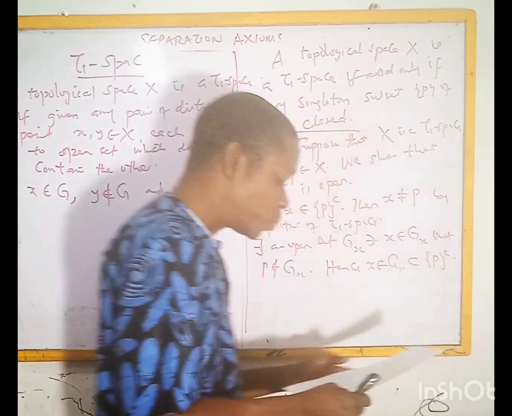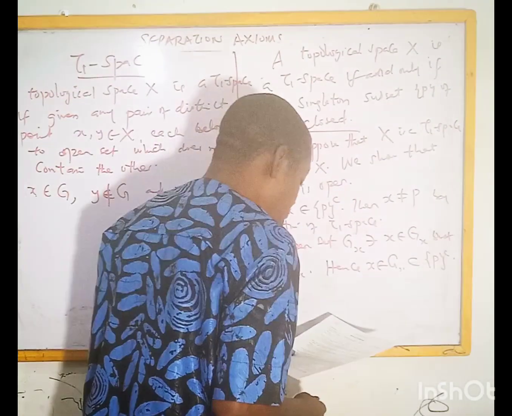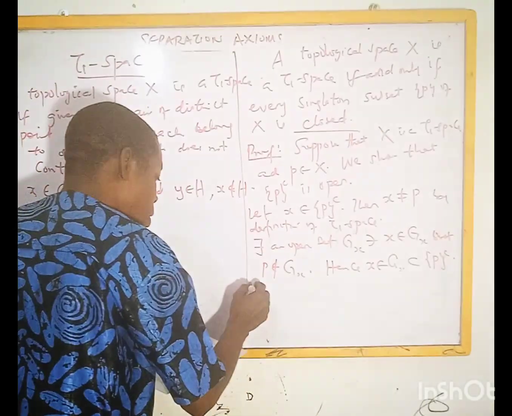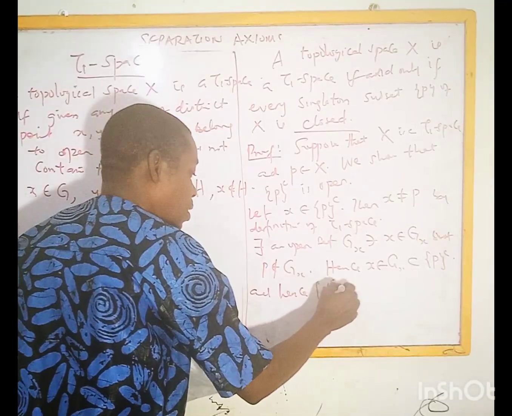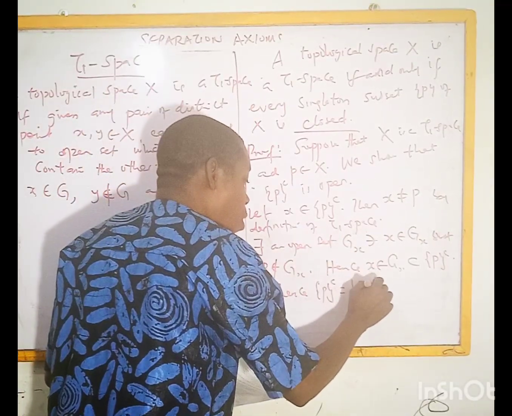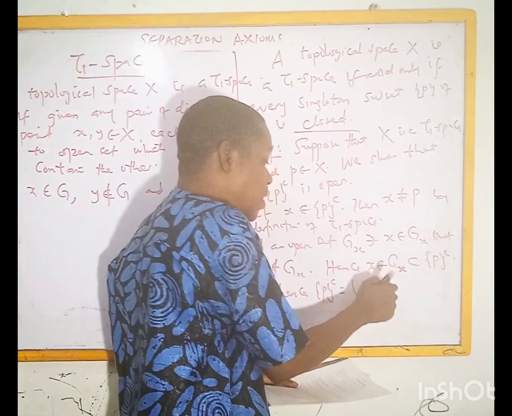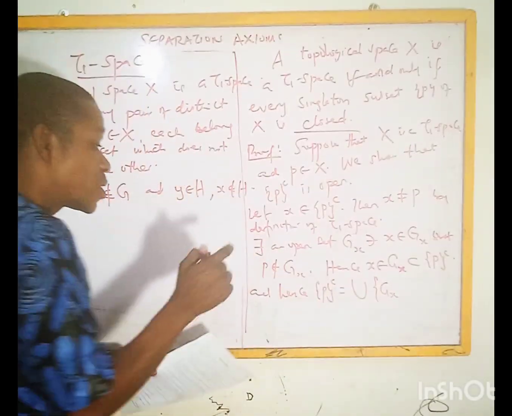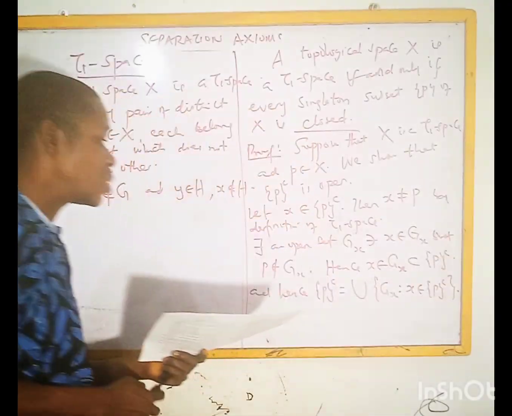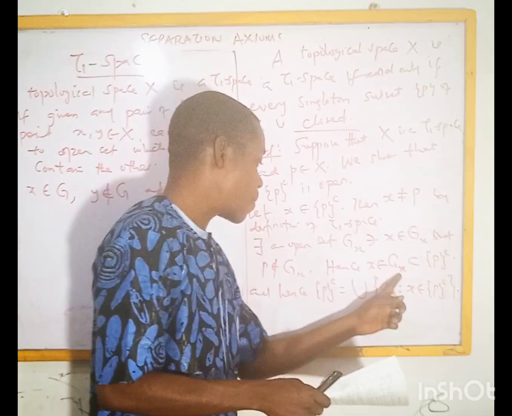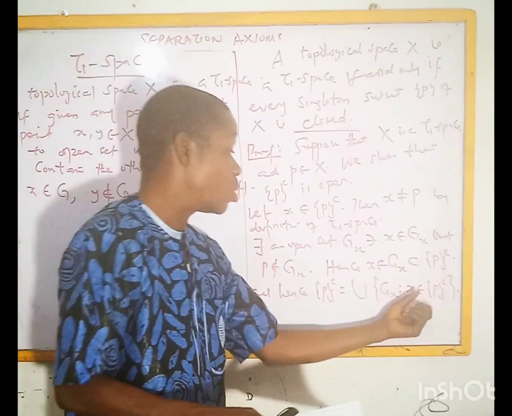Now the next one is that, and then also, I can now say that this one is the union of all the open sets that contain x, such that my x is not in P. So there exists an open set, which is the union of everything that gives us this one, because it goes on to contain all the open sets that contain x.